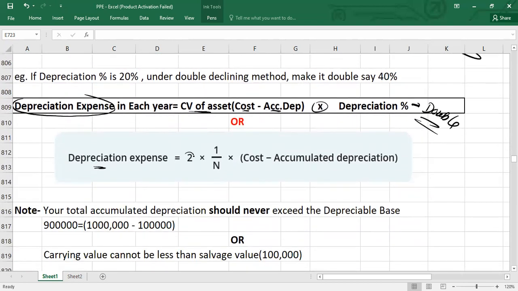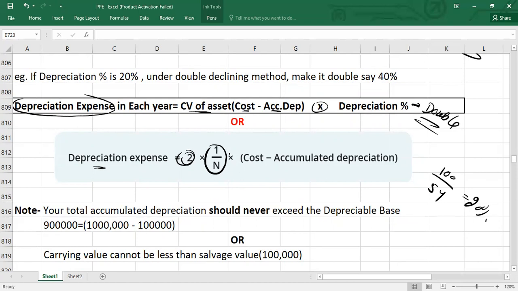You have 2 multiplied by 1 over n. 1 means 100%, and n stands for estimated life. For example, if life is 5 years, that is 0.2. I mean to say 1 you can assume is like 100 divided by n. For example, if life is 5 years, you will get 20%. This 20%, multiplied by 2, will double your depreciation rate.